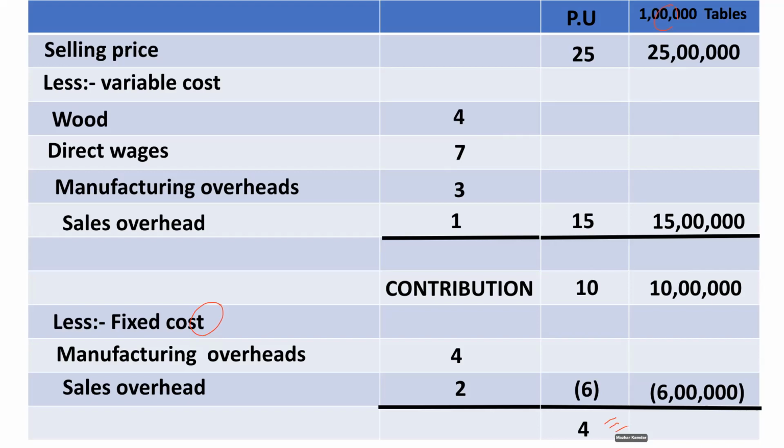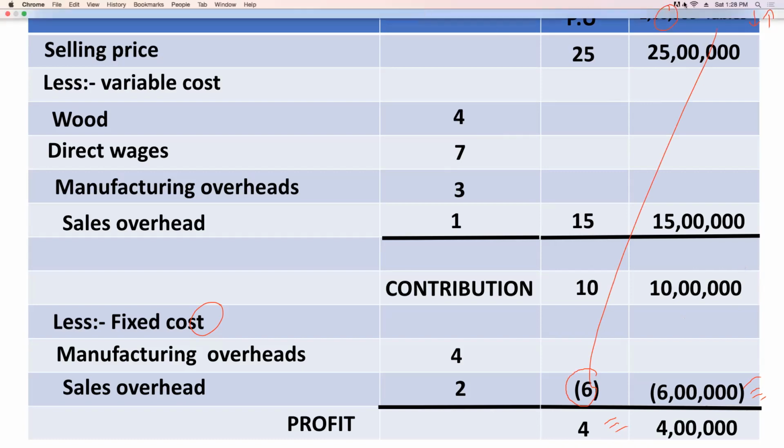So even if you reduce or increase the number of units, you will not take 6 into the reduced or increased number of units. You will directly take 6 lakhs as the fixed cost, giving you a profit of $4 per unit, and the profit is 4 lakh. The profit is how much? 4 lakhs.